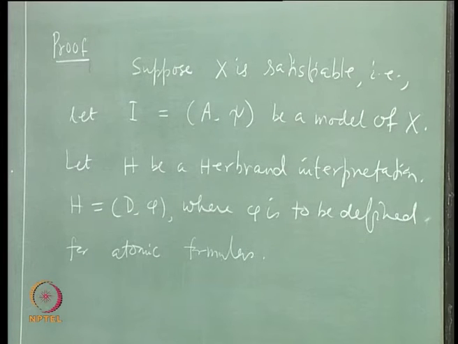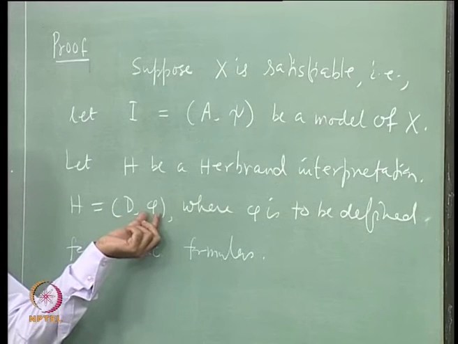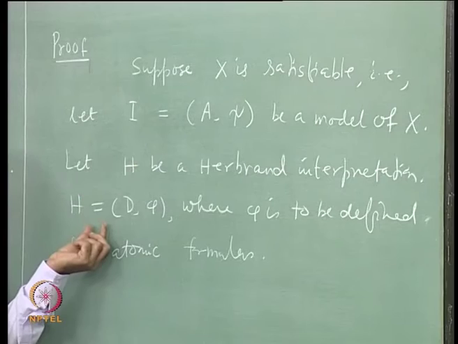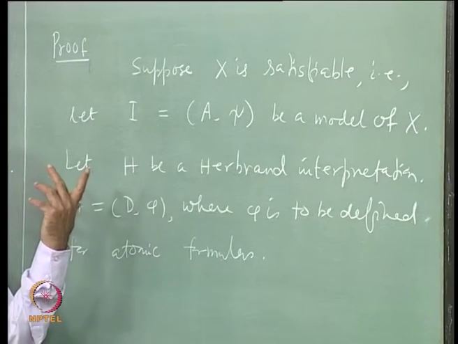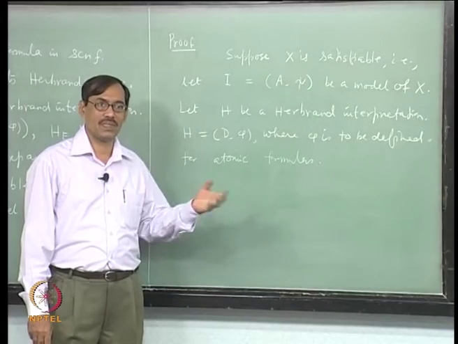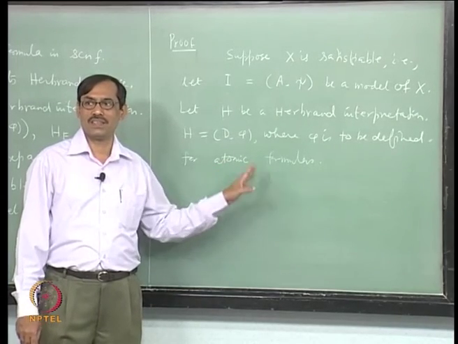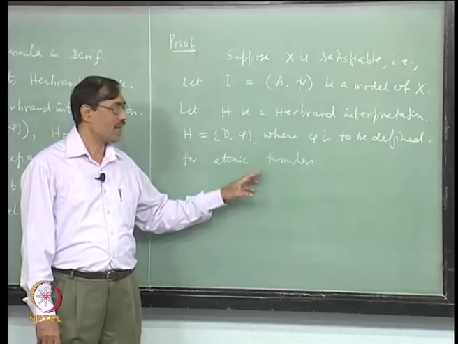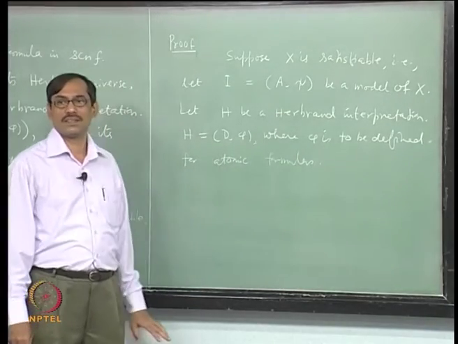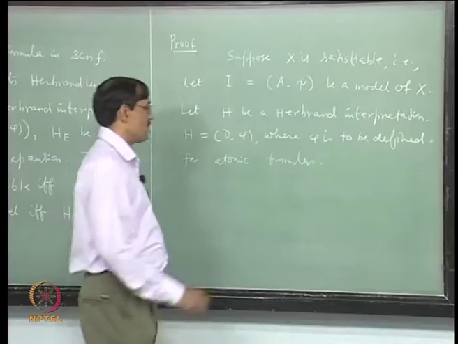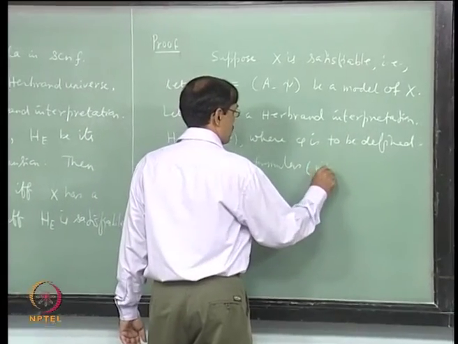Okay, only for the atomic formulas, and moreover in those atomic formulas there is no variable also, only closed terms can appear there, right, because that is how this phi will be over this D. D is having only closed terms now. So, once you have some P of t1 to tn and so on, all these t1 to tn are closed terms, there is no variable in it, right. So, this phi is to be determined only for those formulas, okay. So, you may write atomic formulas without variables.